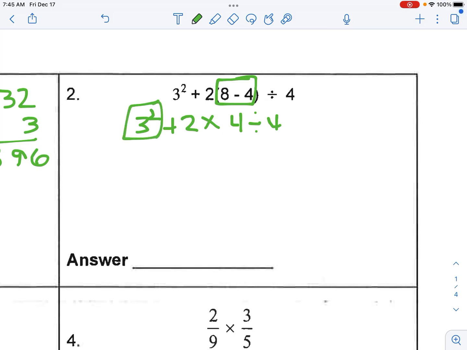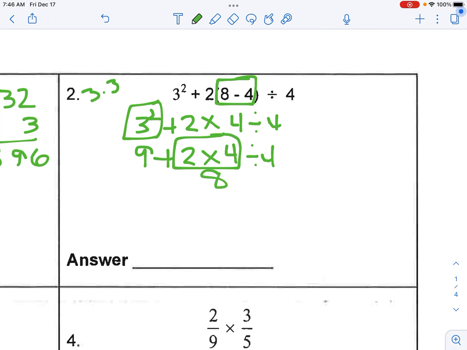Exponents come after parentheses. 3 squared means 3 times 3, that's 9. 9 plus 2 times 4 divided by 4. Multiply and divide from left to right. 2 times 4 is 8. 9 plus 8 divided by 4. 8 divided by 4 is 2. And 9 plus 2 is 11.